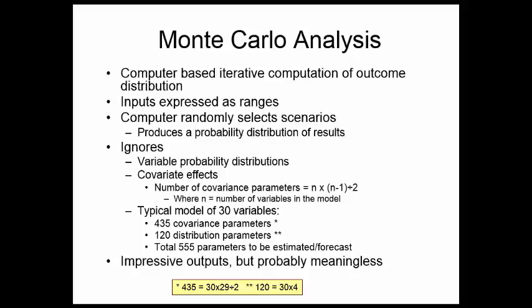This is simply because they're generated in a completely random way. What this means is that while we may have thousands of runs of the model or iterations of the model, all collected together and presented as a frequency distribution, we don't know which of those runs of the model are in fact realistically possible or not.